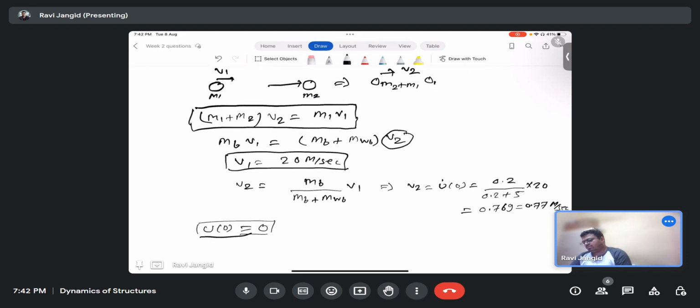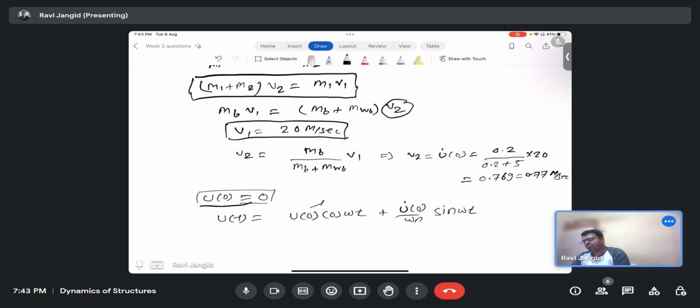So if I put the value in the equation, u(t) is equal to u0 cos omega t plus u dot 0 by omega n sine omega t. So u0 is 0, so that first term becomes 0.